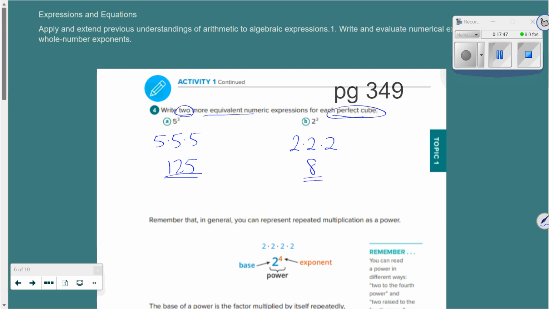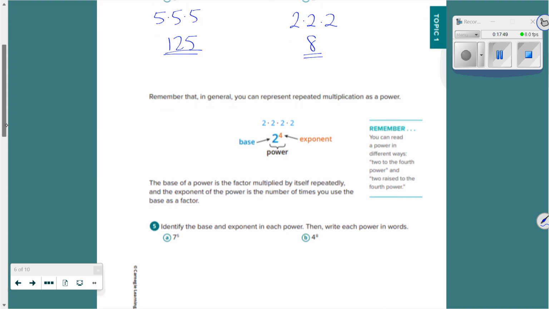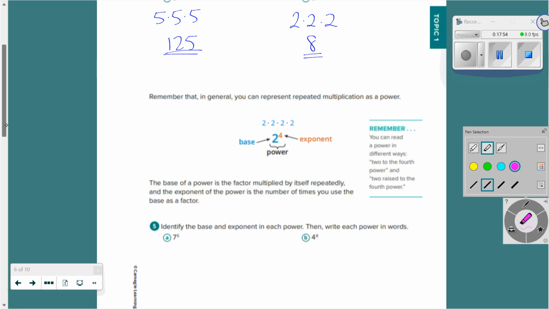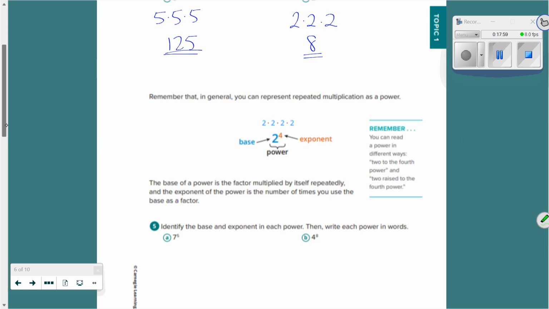Okay? Here is really one of the more important parts of the lesson, probably the second most. The most important is going to be our last part. But this is breaking this down to help everybody understand what we're talking about. In general, we can represent repeated multiplication as what we call a power. Here's the irony. Most people, when they think of exponents, are actually thinking about a power. Because when I write this whole thing out, this is a power.